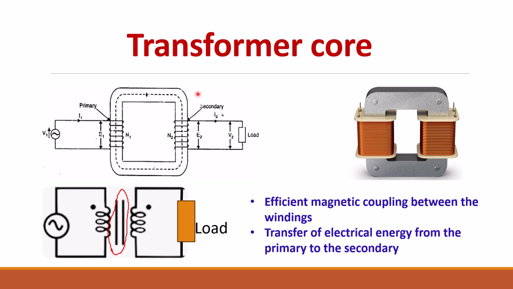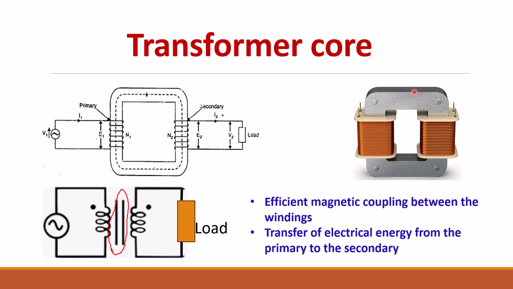What is shown here is called the transformer core, which ensures that there is efficient magnetic coupling between both the windings, primary and secondary windings. So whatever flux generated here should link with this one. So by the transformer core, we can efficiently transfer the electrical energy from primary to secondary.